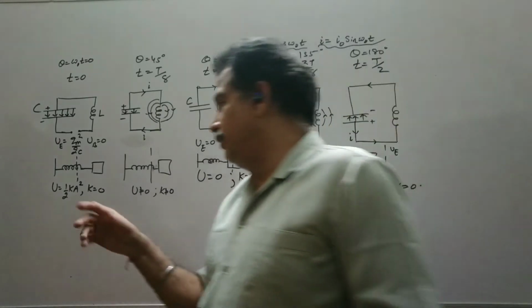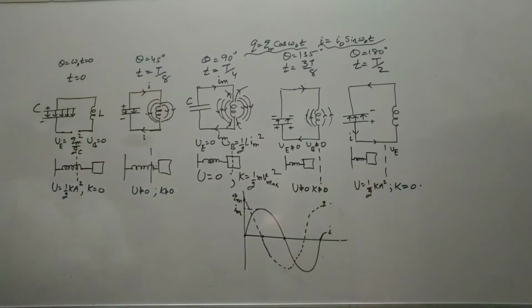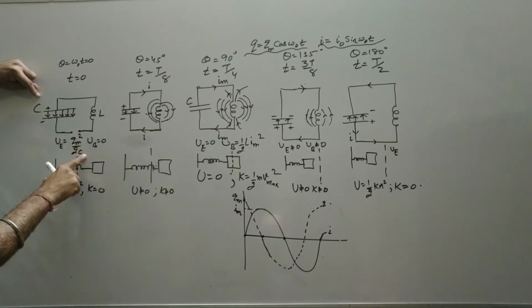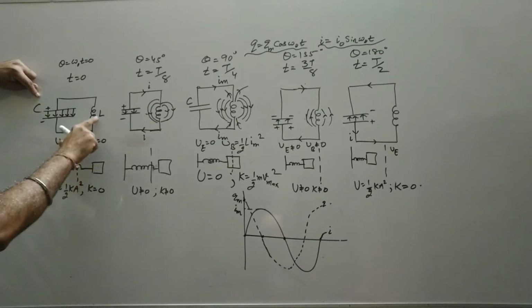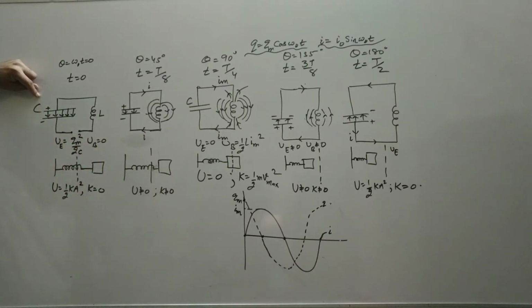So that system is drawn below this diagram. Initially when the capacitor is fully charged, the energy in the form of electric field is maximum, that is Qm square by 2C, and the magnetic energy is 0 because the circuit is not completed.